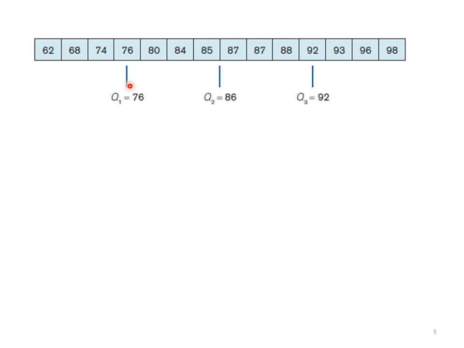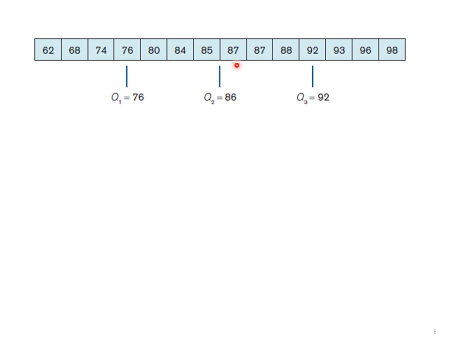We look for the median of the lower 50% of the data, which is 76. 76 is in the middle of the first 7 scores. And 92 is in the middle of the other 7 scores.